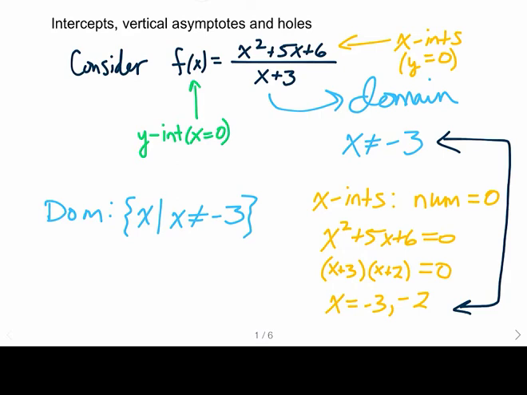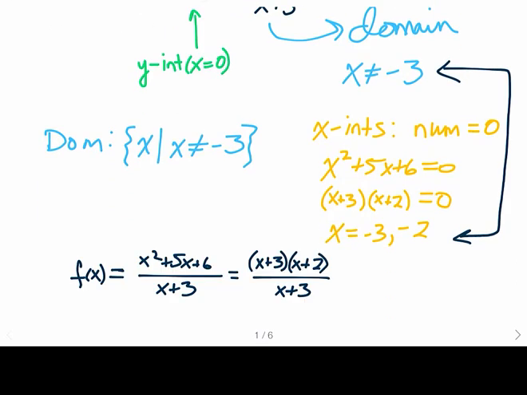If we rewrite f as having a factored numerator, x plus 3 times x plus 2 over x plus 3, we see that the x plus 3's divide out. And f of x becomes x plus 2, but we have to remember that x does not equal negative 3.